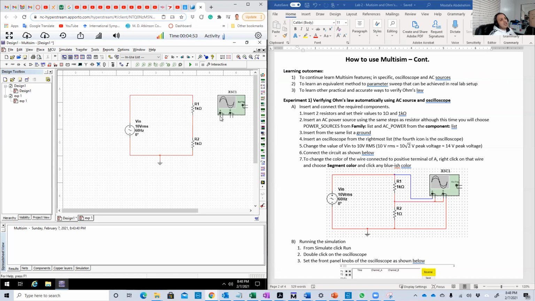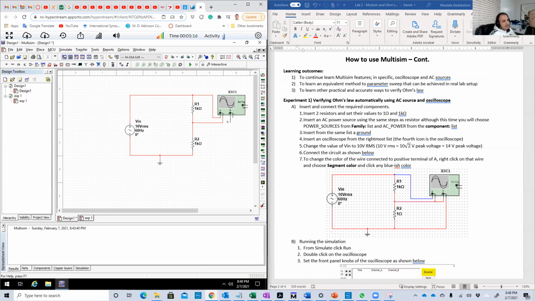As you see here, the oscilloscope has 2 channels, A and B. Channel A will be our voltage. Channel B would be, I'm sorry, and here is the second terminal of it. So the two terminals of R1 are connected to channel A, so channel A will show the voltage across R1.